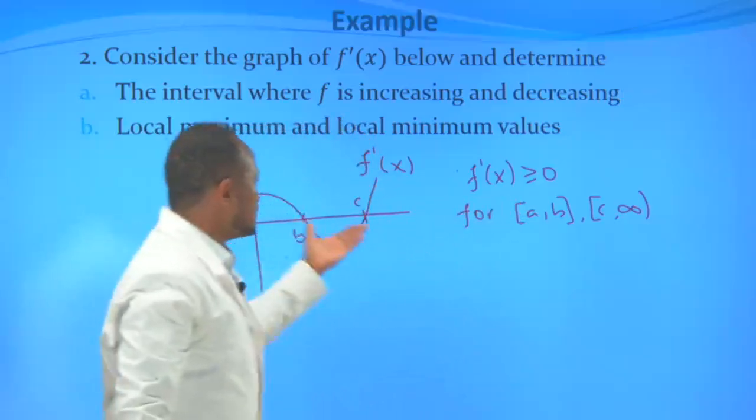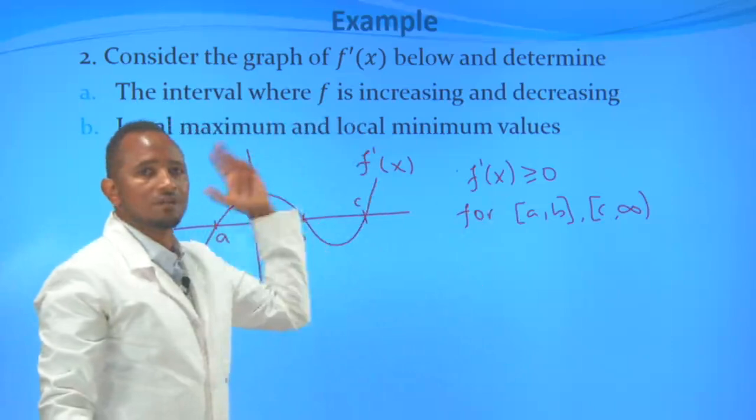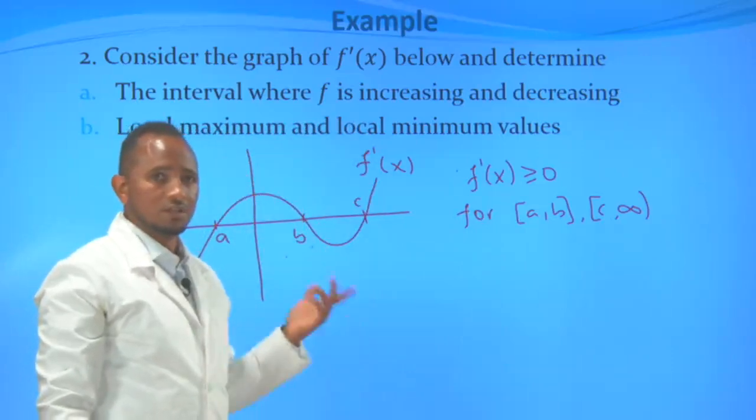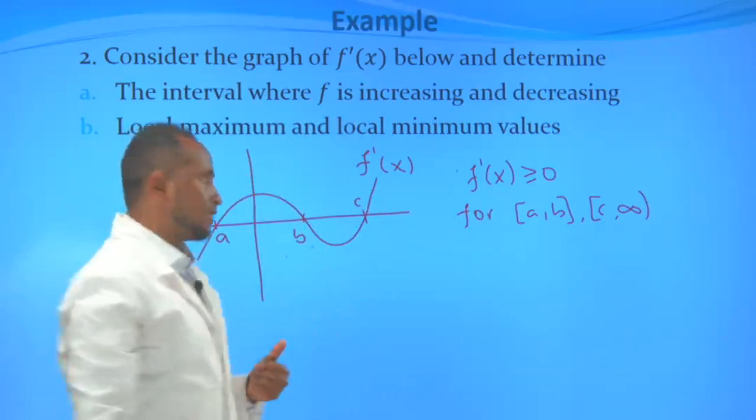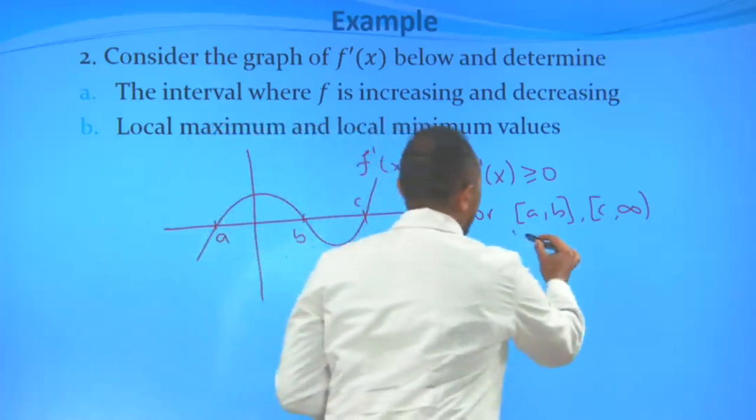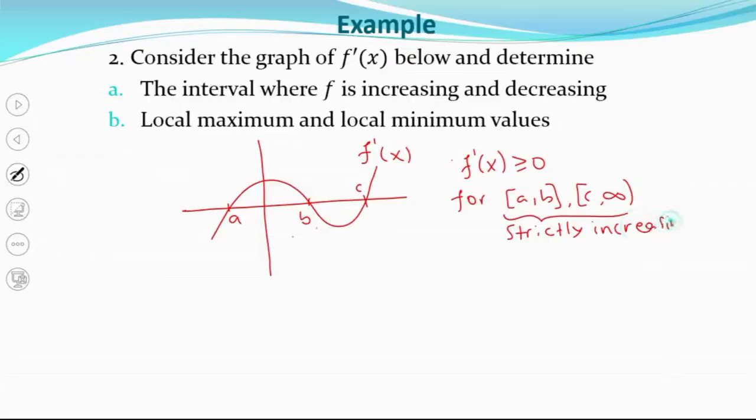For this interval, the graph is above the x-axis, so the derivative of this function is greater than 0. This means our function is strictly increasing on this interval.